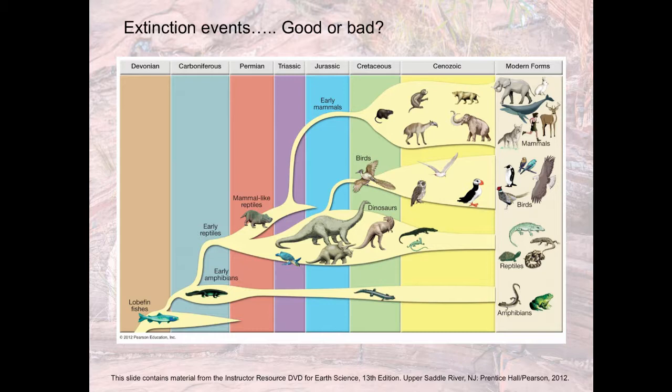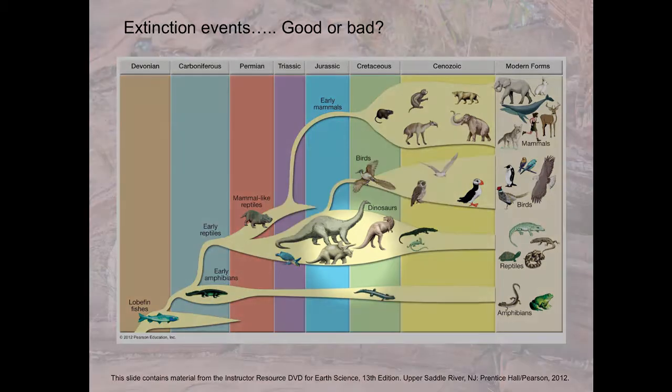So you'll see over the course of Earth history that in places where there's large extinction events, like at the end Permian, we had three major lines of animals at this point. We had mammal-like reptiles, we had the beginnings of proto-reptiles here, and we had early amphibians.